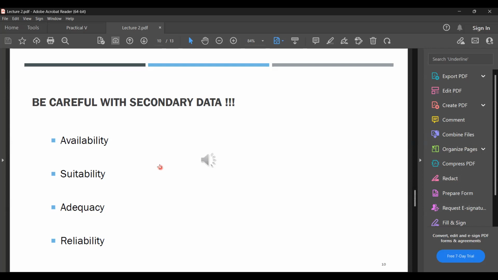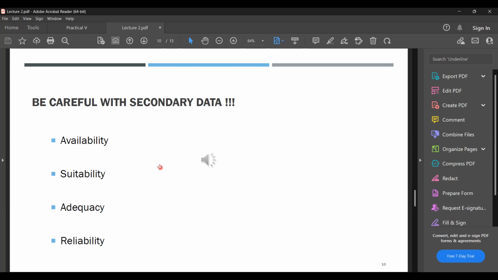adequacy. That means, for example, the same example I'm taking, the average monthly household income in Sri Lanka. For example, you can find a data set collected by the Department of Census and Statistics in 1990, right?